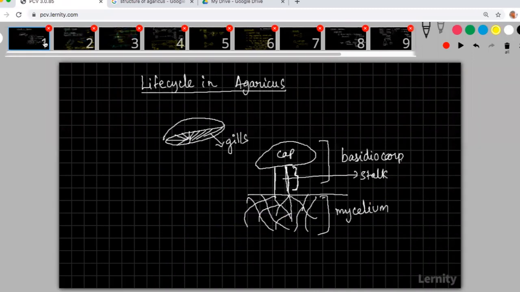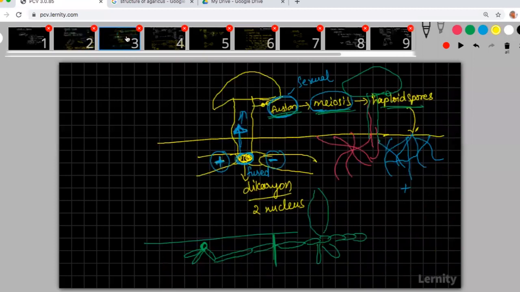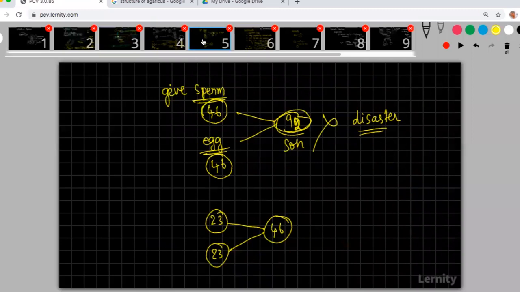First slide. Second slide. Third slide. Fourth slide. Fifth slide.